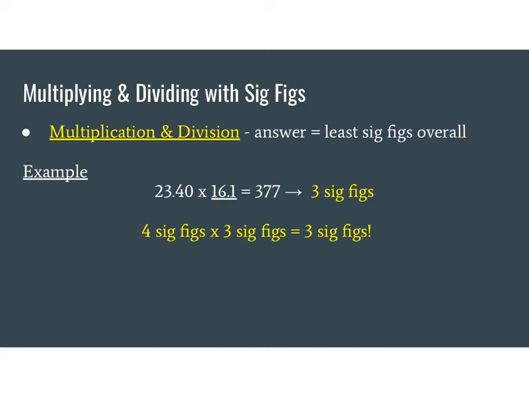Here, when I look, I know that this value here has 4 sig figs. Remember that 0 is significant because there's something significant ahead of it plus the decimal place. This one has only 3 sig figs. So my answer can only have 3 sig figs in it. So we're going to go ahead and practice these in just a sec.